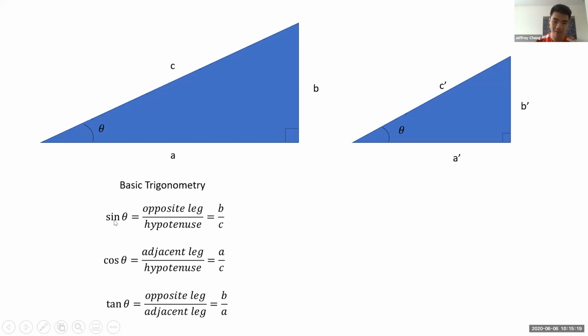So we define sine of theta as b over c. We define cosine of theta as a over c. We define tangent of theta as b over a. So sine, cosine, and tangent are all functions, and what that means is I take an input. In this case, it's an angle theta. It's this angle that we're talking about.